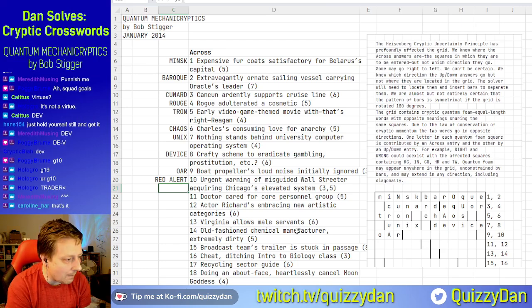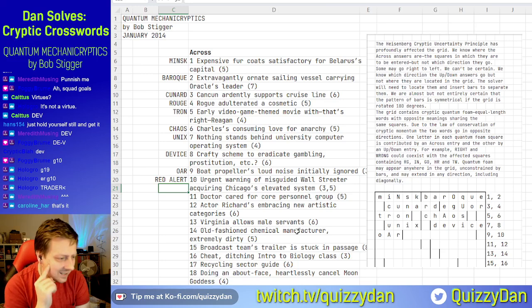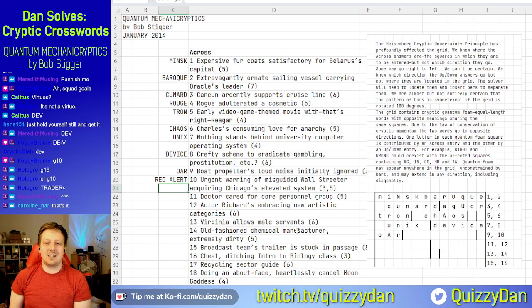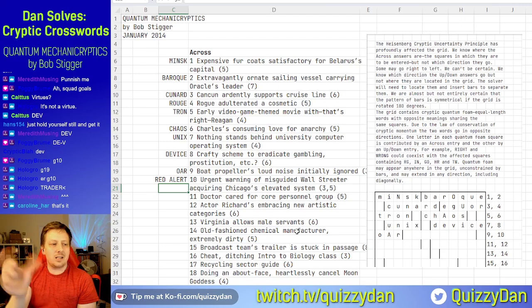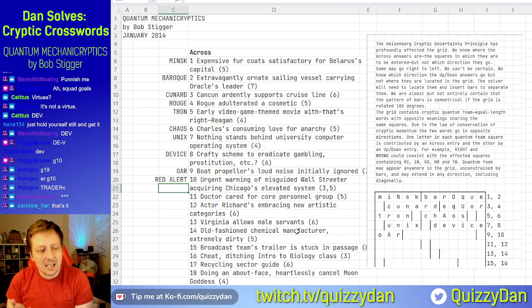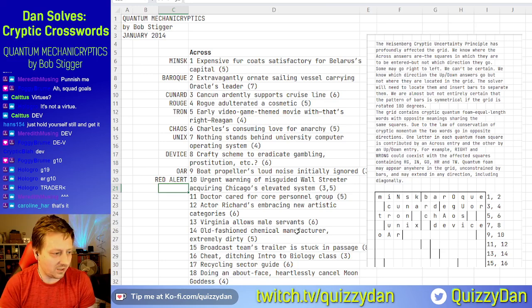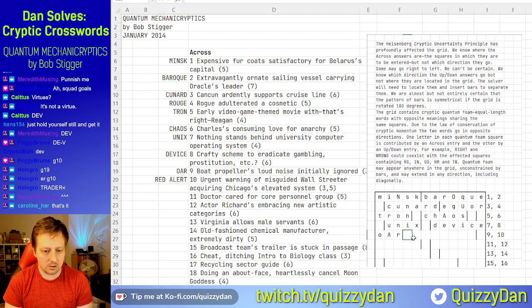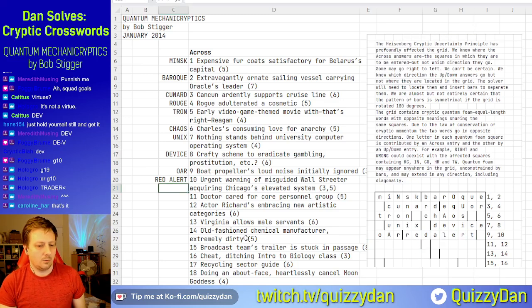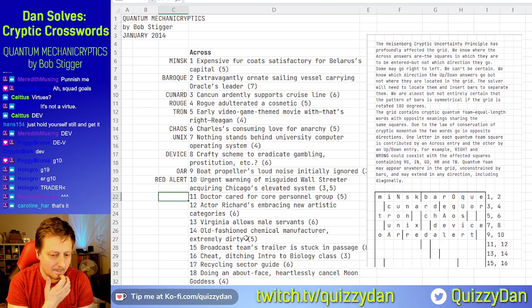No, it's a trader, backwards. Trader with L. Where's the... Oh, misguided. There we go. So misguided is our reversal indicator. A little bit weak, but I'll allow it. And that's an urgent warning. So EL inside of trader, all reversed. Red alert. Can't put any letters in for certain, but we can put it that way around.